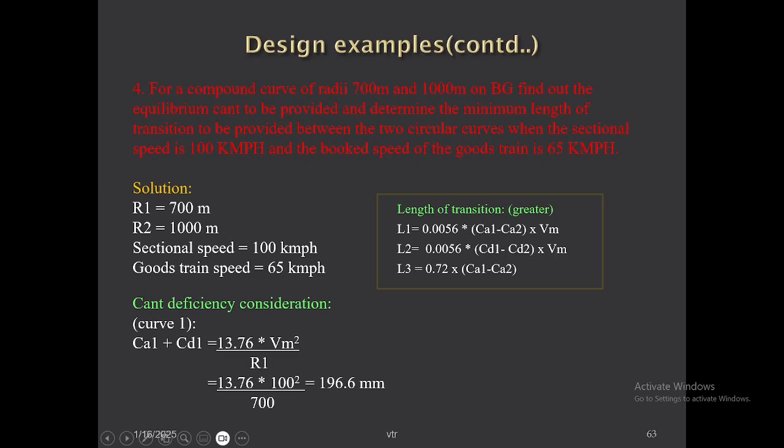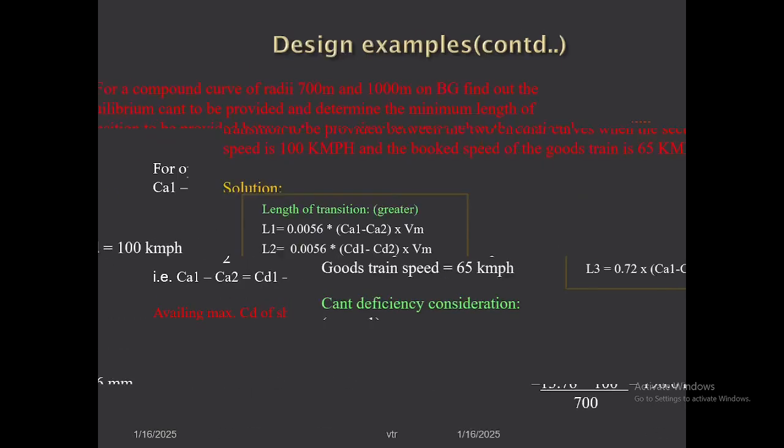Substituting the value of 100 kmph in this formula, we got the equilibrium cant of 196.6 mm, that is, CA1 plus CD1. This is the first equation we got.